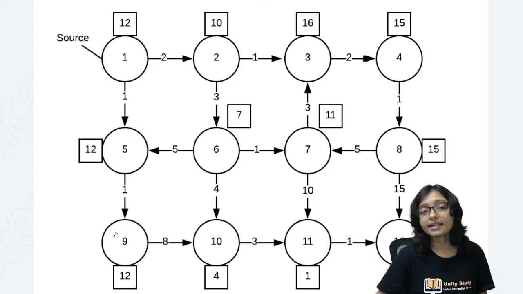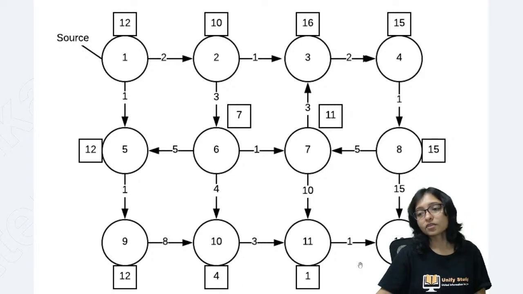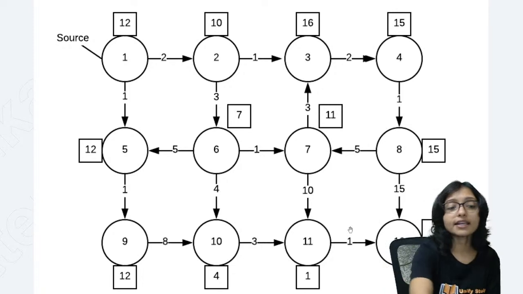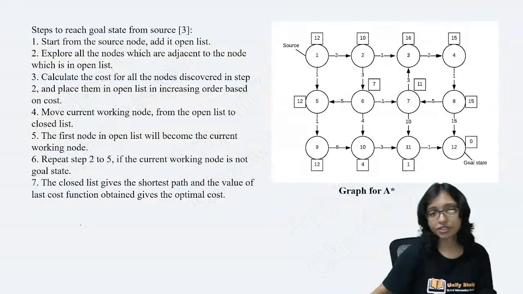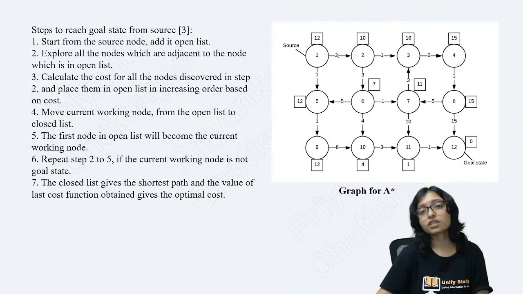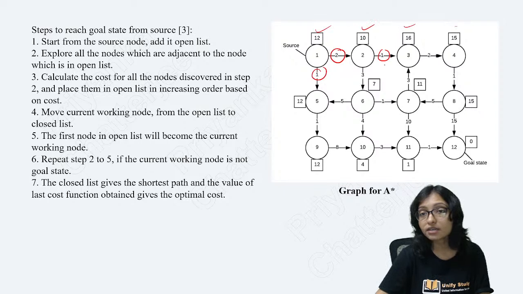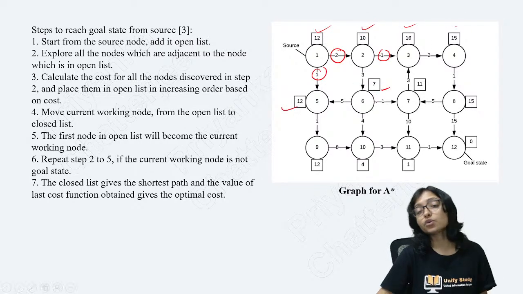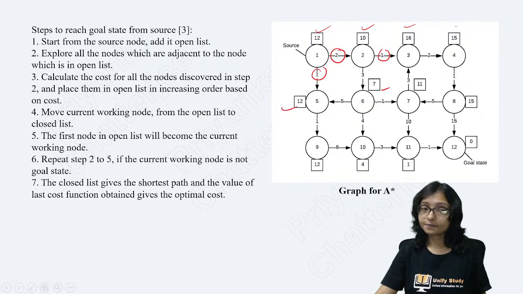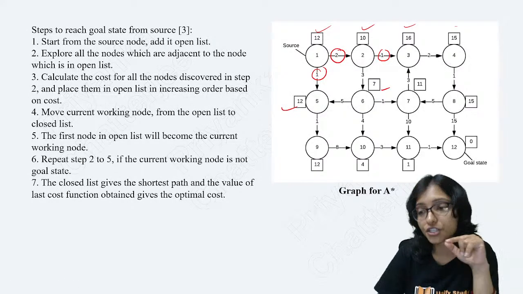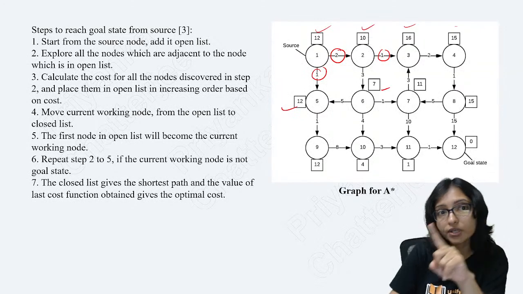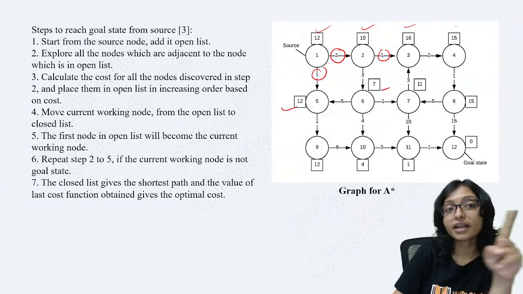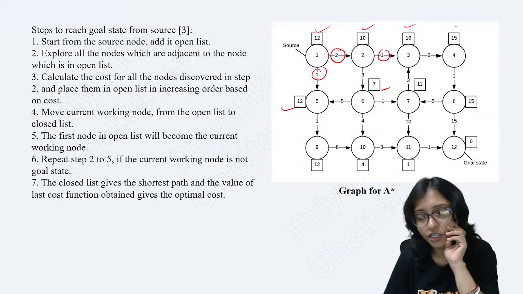I added the heuristic value here, which was not there in the uniform cost search. When we did the uniform cost search, we only took these values, right? But here I took these heuristic values also. With the use of the heuristic value, now we will go ahead. That is the extra addition here. Are you able to relate the A-star algorithm and the difference from uniform cost search?